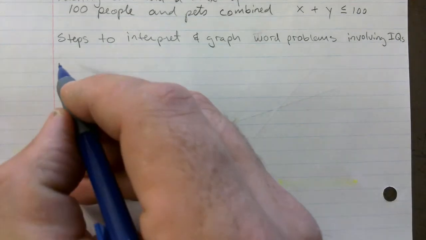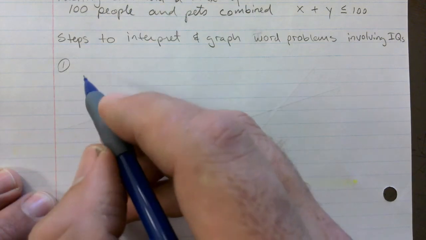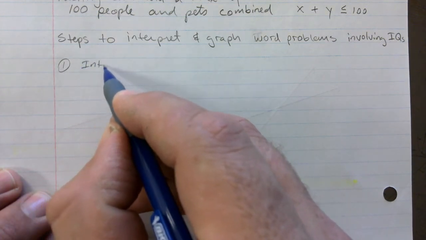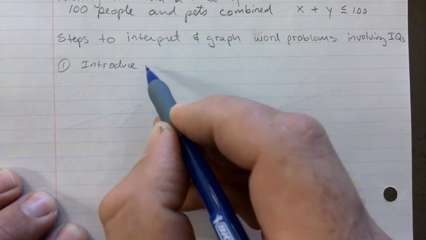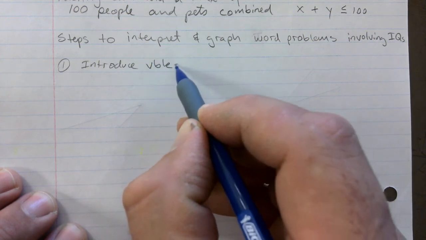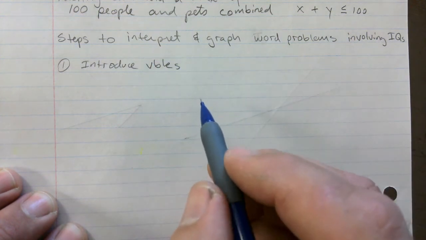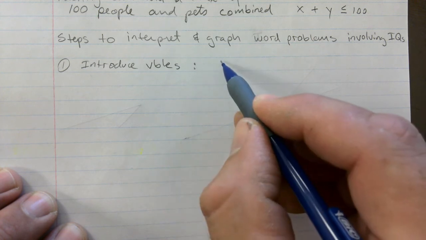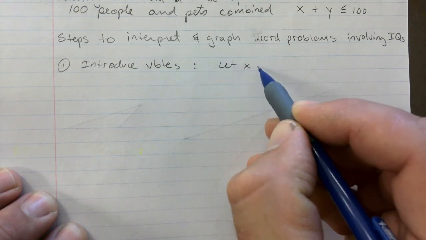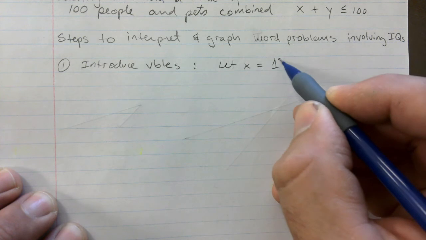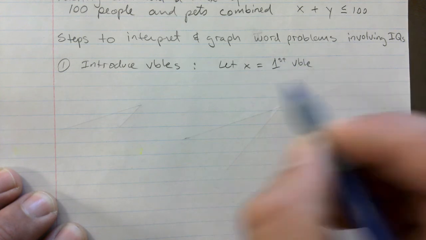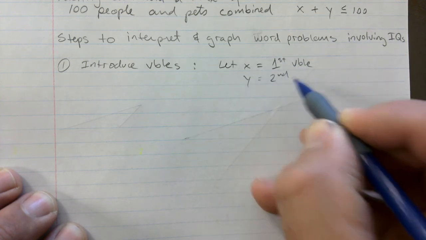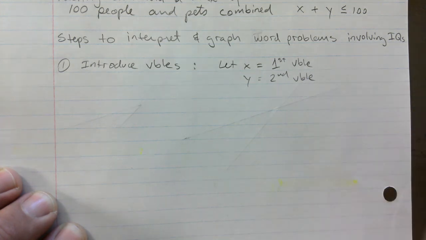So the first thing you need to do is introduce variables. Basically what you're going to do is say let x be the first variable and let y be the second variable. And it will be pretty obvious when you read the question which one is which.